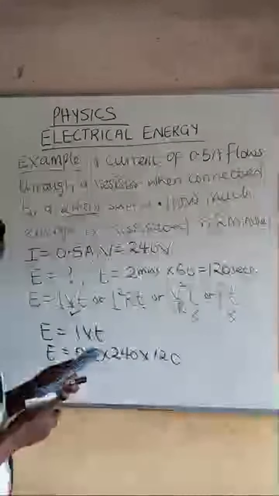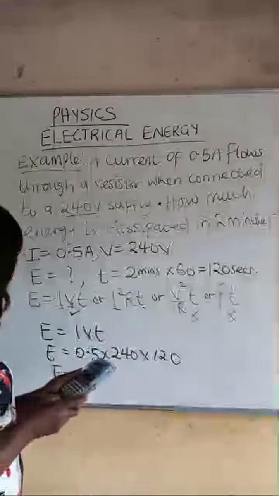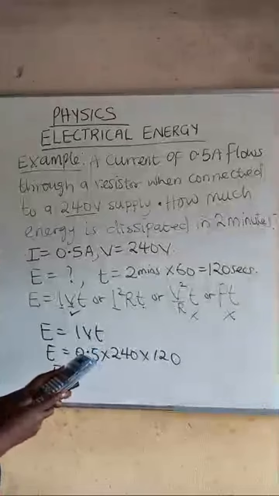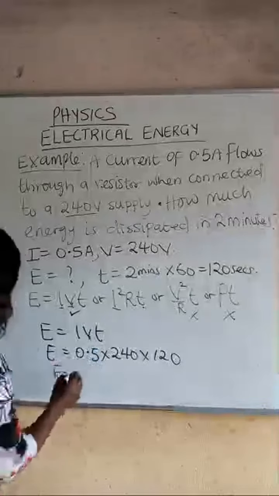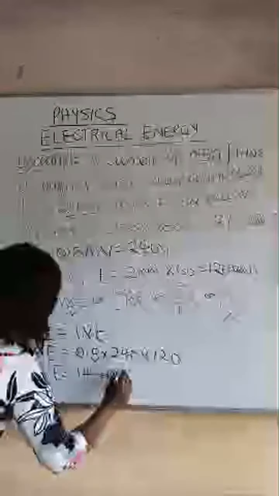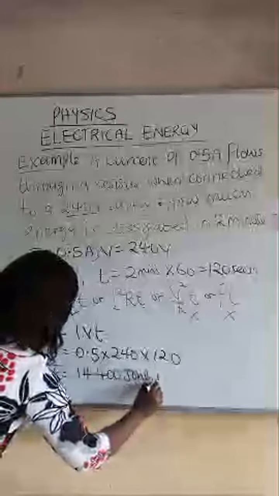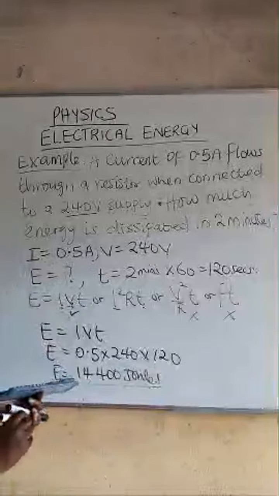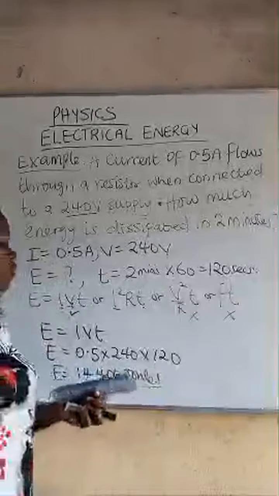With the use of our calculator, we go 0.5 times 240 times 120. So I have 14,400 joules.